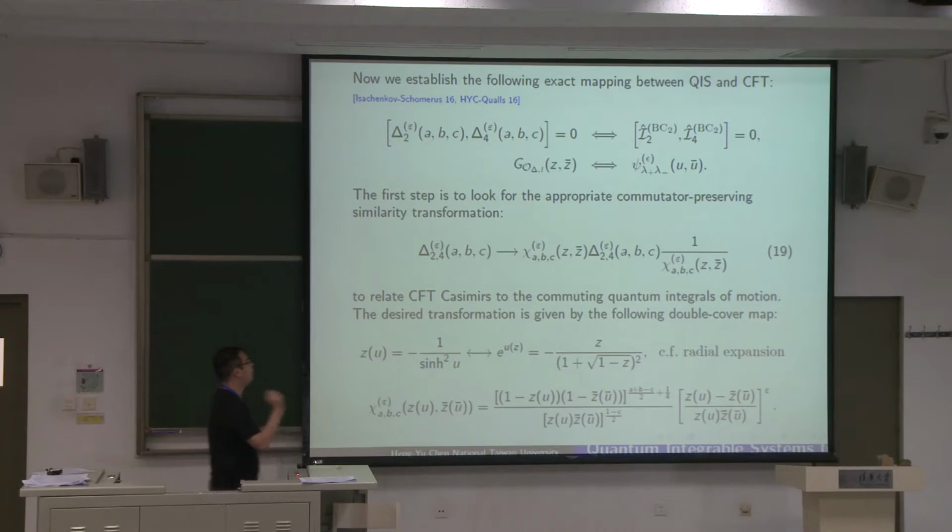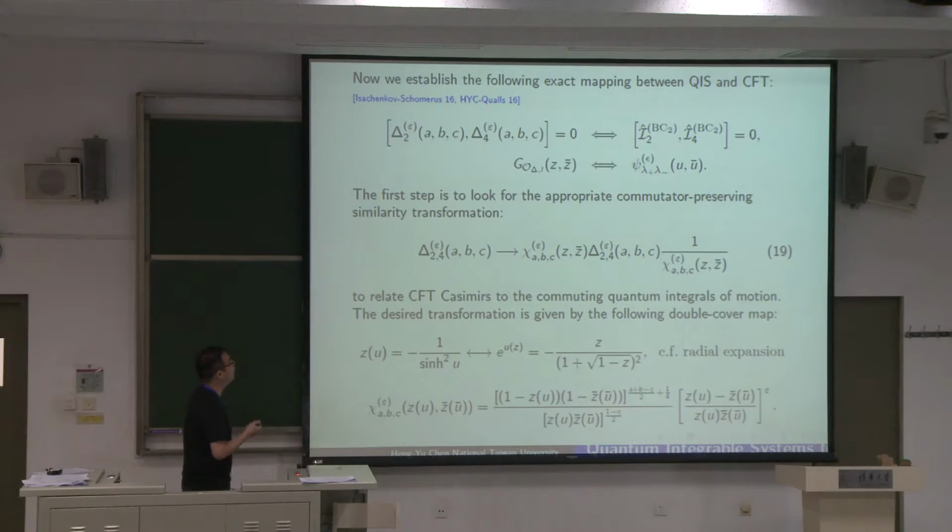But to really hammer the message home and establish this correspondence between the CFT and the integrable system, you should also see all the commuting conserved charges appear in the CFT. So I will also try to show that all these commuting conserved charges I showed earlier are really given by the quadratic and the quartic Casimir operators. So that's the name of the game, and the approach is actually very simple.